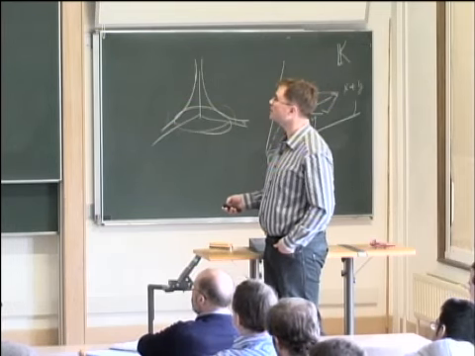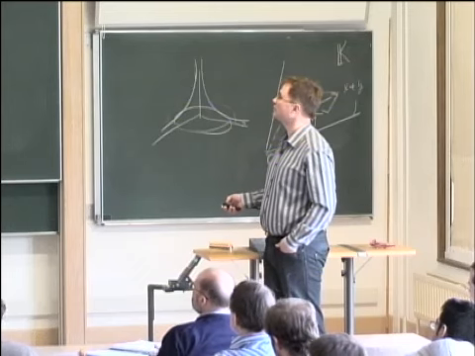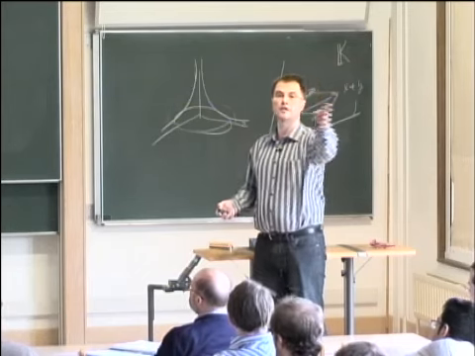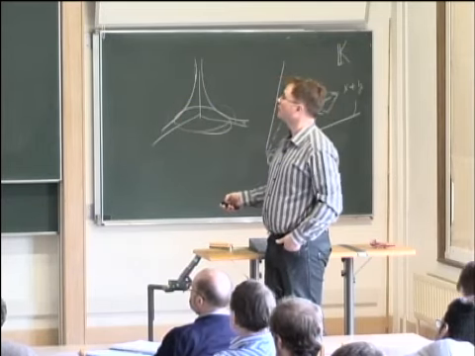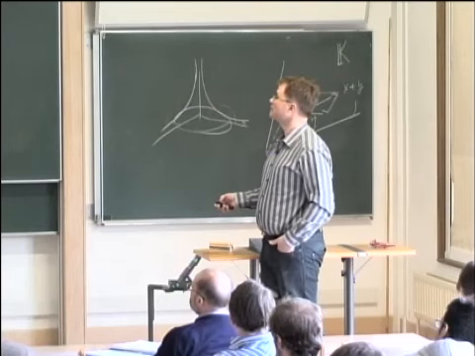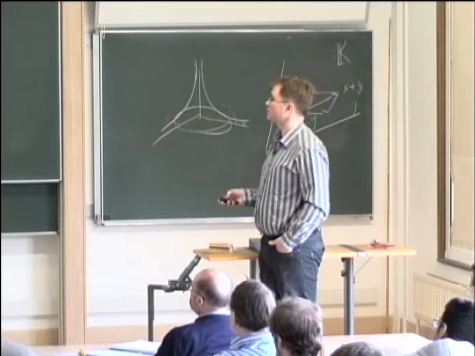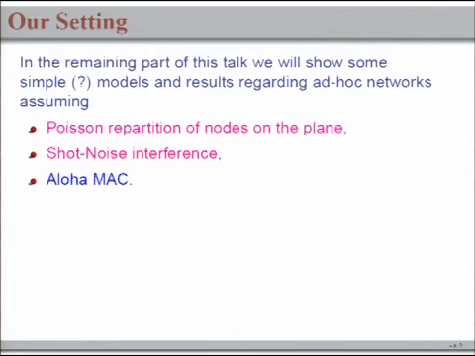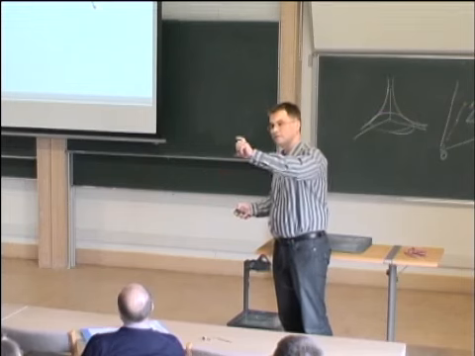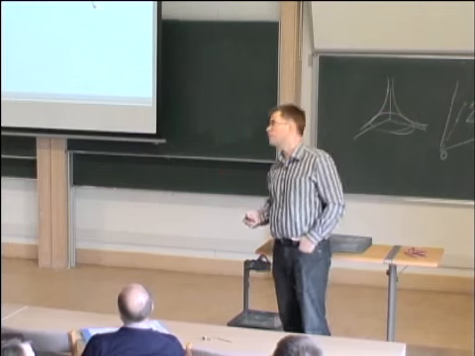Just one more thing, that this can be done also multidimensionally. So I can be interested in these shot noises at several locations, and then they are dependent random variables, but the joint Laplace transform is explicitly known. So throughout the whole remaining part of my talk, I'll be working with Poisson repartition of nodes and shot noise interference being important to recognize which communications are successful and which are not.